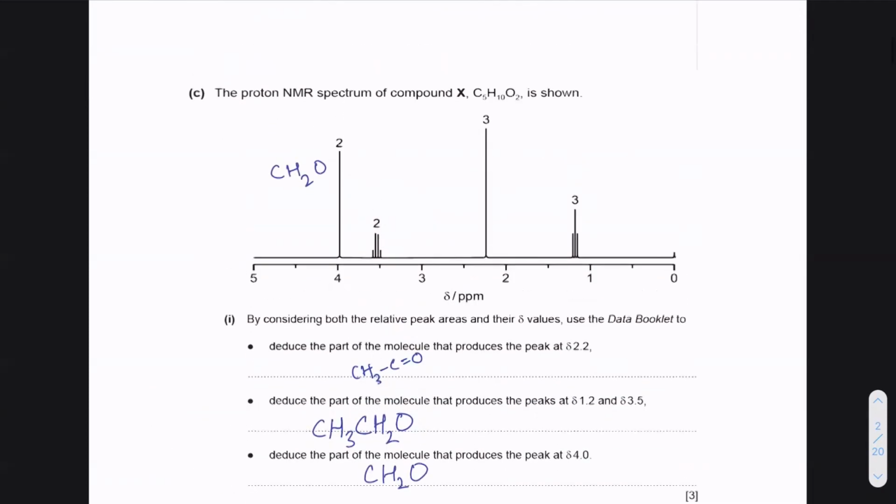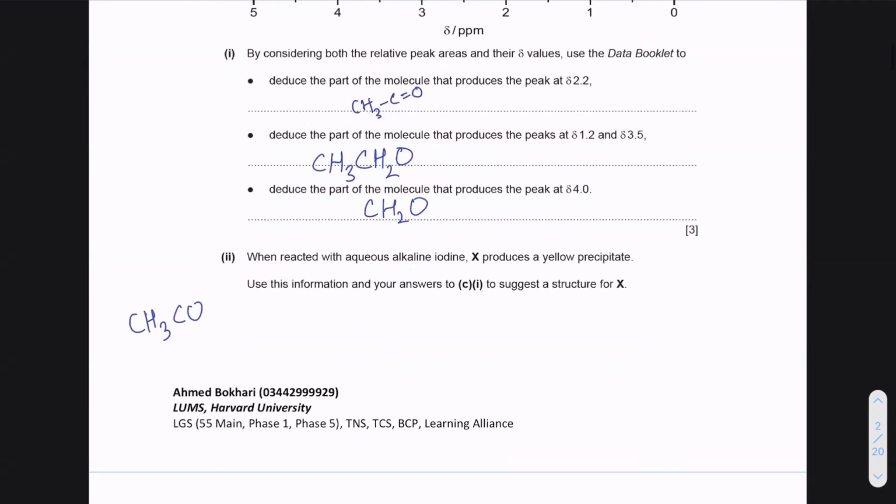X में टोटल क्या है? C5H10O2. Now let's bring it all together. I know that it has this whole thing. Oh, wait a minute. ये हमारे पास है तो सही यहाँ से आया. Okay. Let me put it together. Guys, pay attention.